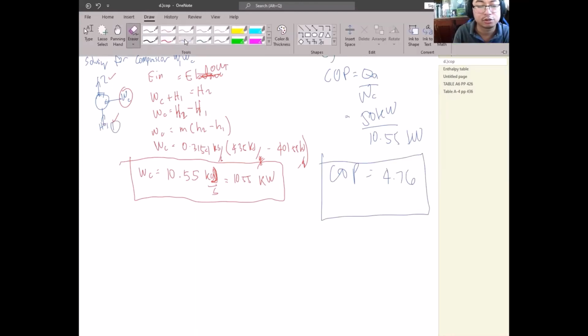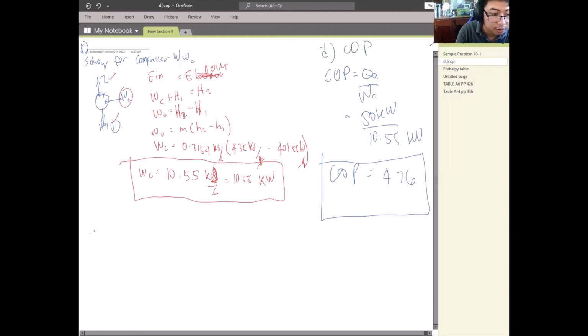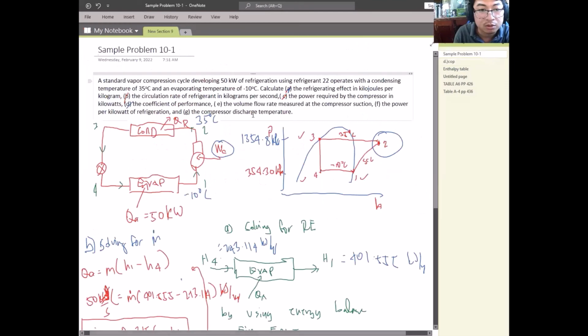Next is to solve for letter E. So letter E is the volume flow rate measured at the compressor suction. So we already know that 0.122 is the compressor. So the inlet of the compressor is the compressor suction.